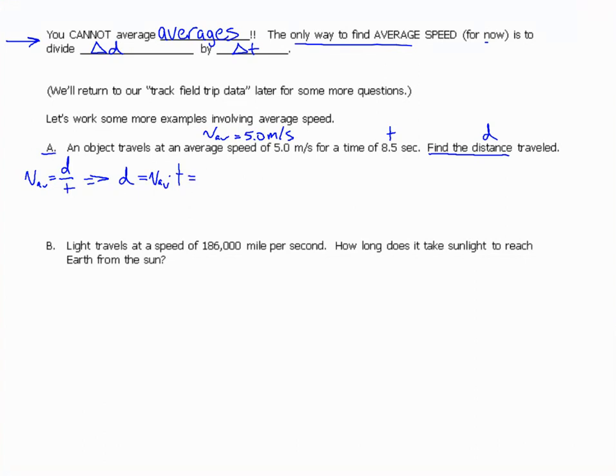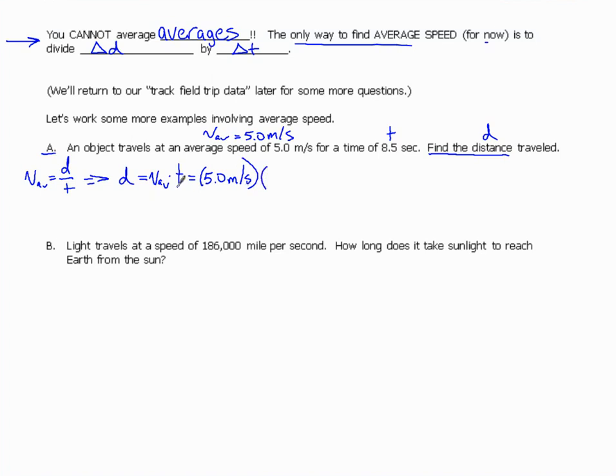Remember, this is one of the things that I need to see when I'm grading your work. I need to see the formula in symbols arranged how you're going to put in the numbers. So now we can put in the numbers. Average velocity or average speed, 5.0 meters per second. Make sure you leave the units in the calculation.